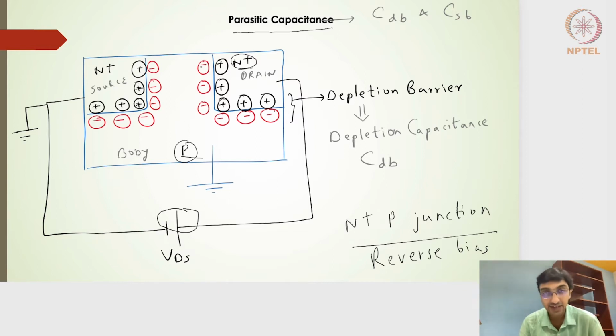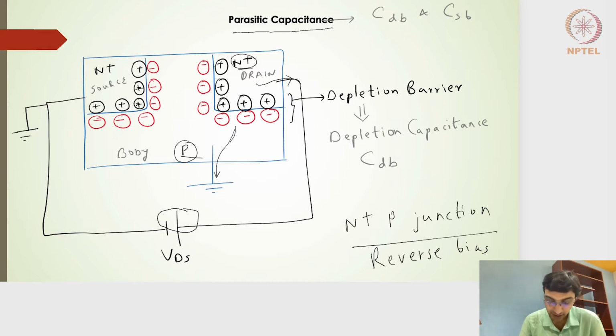We will have the negative immobile boron ions formed on the other side of the junction. The reason it forms is that the holes in the p-type are attracted towards the ground potential, and the majority carriers of the drain, the electrons, are attracted towards the positive potential, thereby leaving these immobile ions.